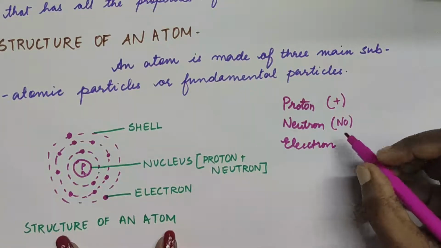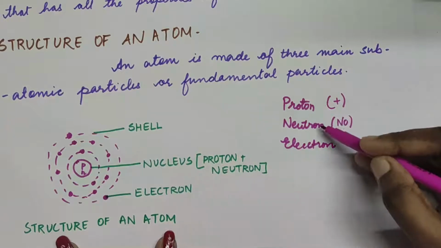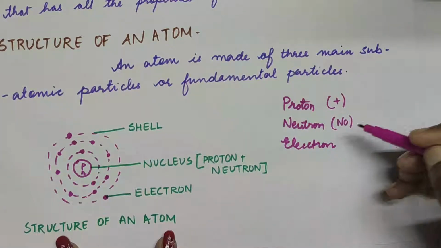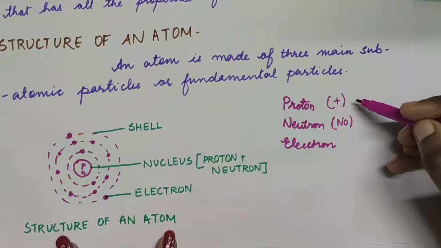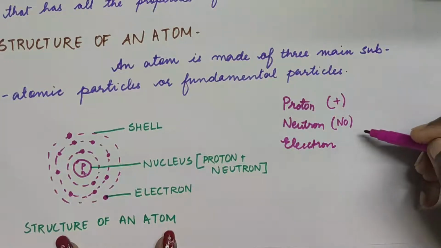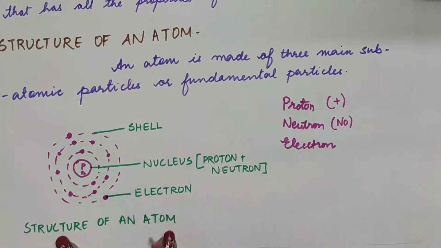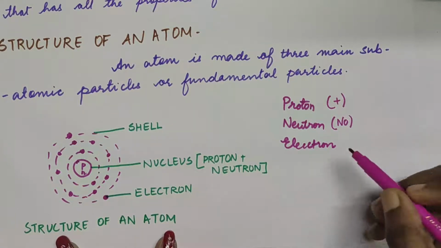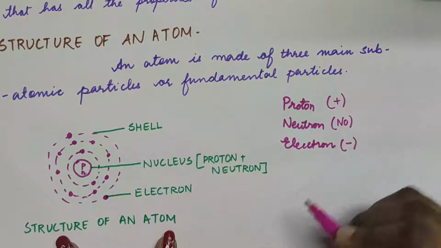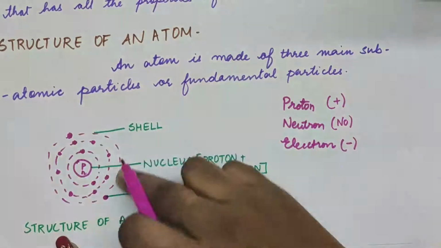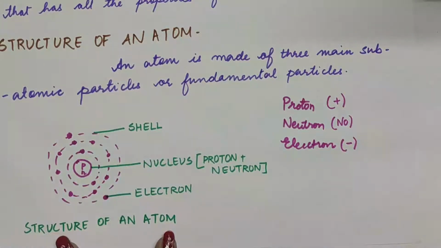The nucleus is therefore positively charged because it is made up of protons and neutrons, and the proton carries the positive charge while the neutron carries no charge. The electrons revolve around in the shells. What charge do they carry?